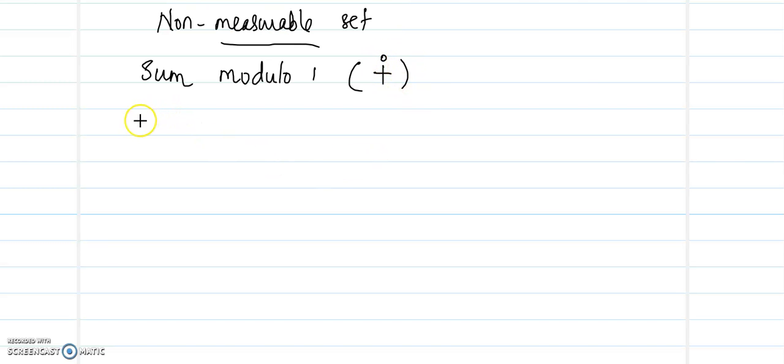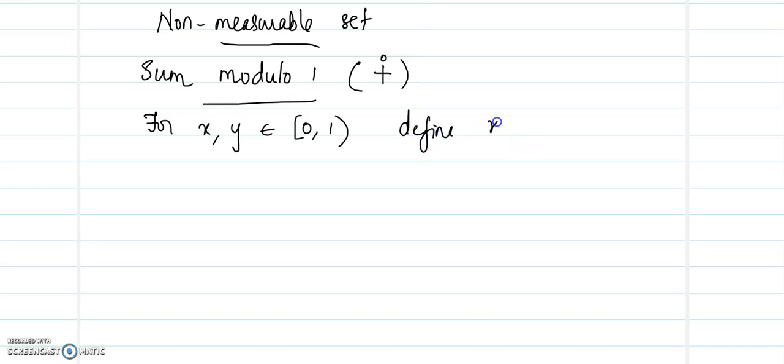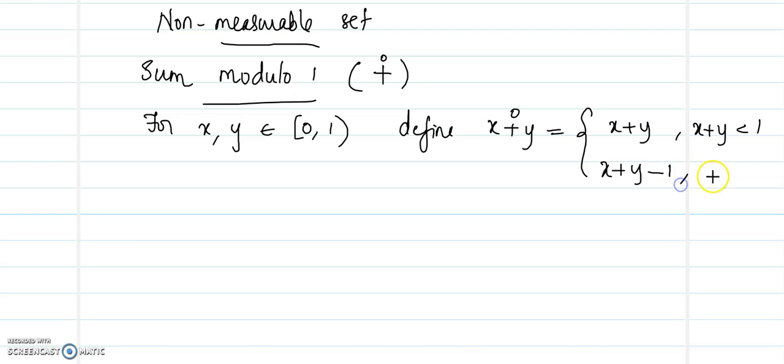Now the sum modulo 1 operation is defined as follows. For x, y belonging to [0,1), we define x sum modulo 1 y to be x plus y if x plus y is less than 1, and x plus y minus 1 if x plus y is greater than or equal to 1.